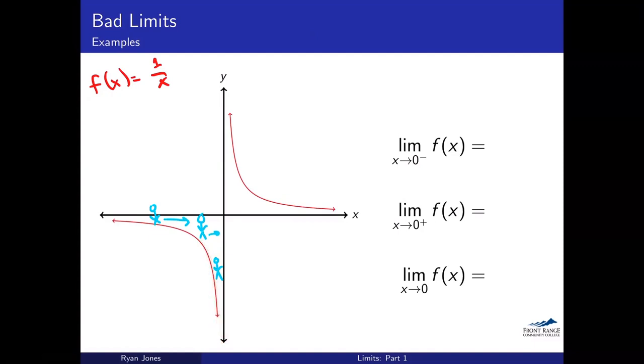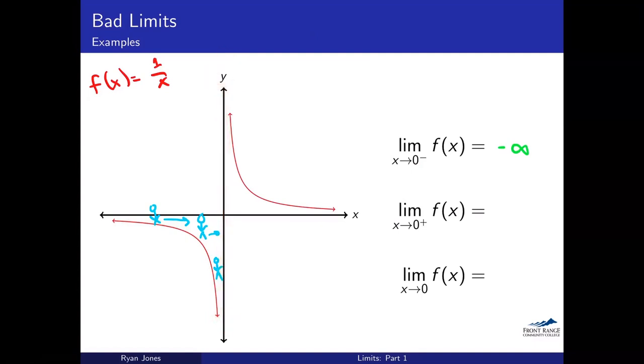And so the answer to this limit, the limit of 1 over x as x approaches 0 from the left, is that the y value approaches negative infinity. If I'm a person walking along this graph, I'm approaching a y value of negative infinity, that y-axis right there.